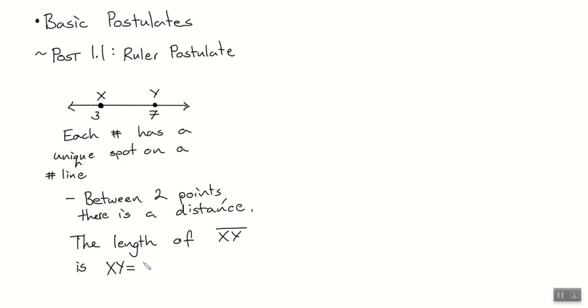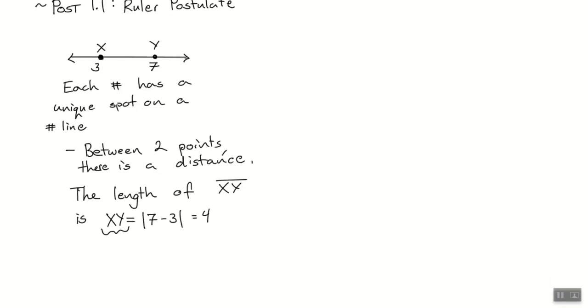4. You probably didn't do all this, but realistically, it's the absolute value of 7 minus 3. If you just did 4, I'm okay with it. I really want this part to shine through and stick out though. If you see xy written like this without a mark above it, what is this? The length or the measure of the segment xy.